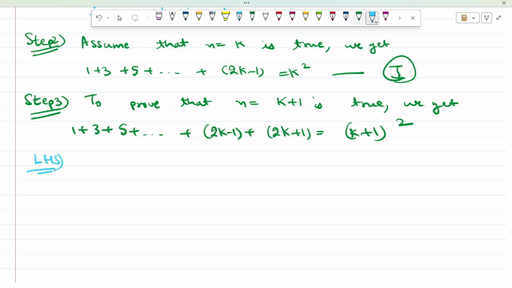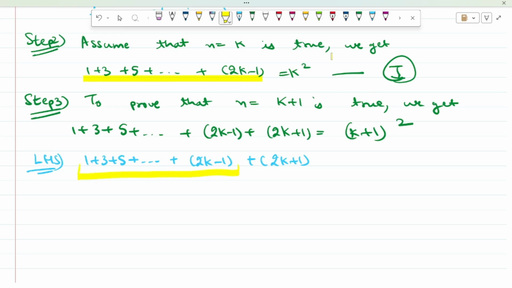So what is LHS? 1, 3, 5, so on, plus 2k minus 1 plus 2k plus 1. Now, till k minus 1, it's straight away from step 2. Let's just sub in over here. What we're going to get? K square plus 2k plus 1.